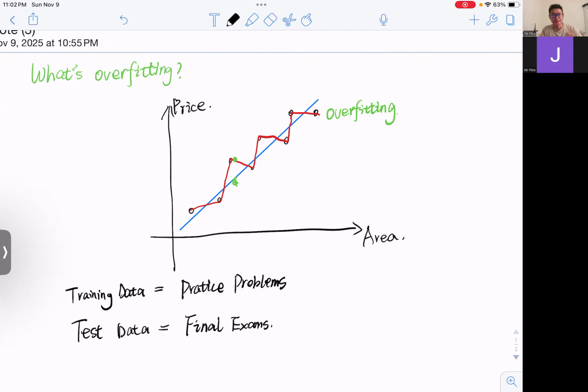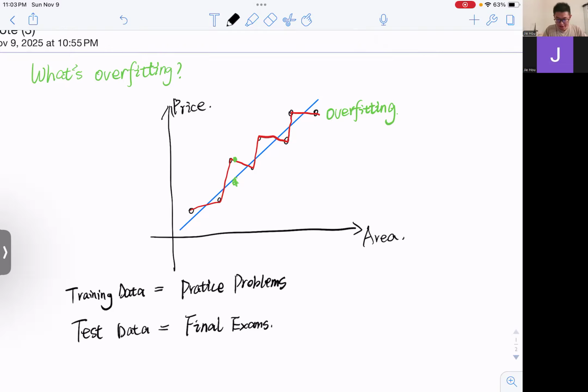So if he meets a question on the final exam which is almost the same as a practice problem, he can do it very well. But that doesn't happen if in the final exam there's some new question which we have never seen before. So model B cannot solve it. That's what we call overfitting.